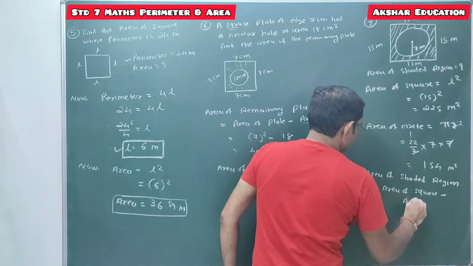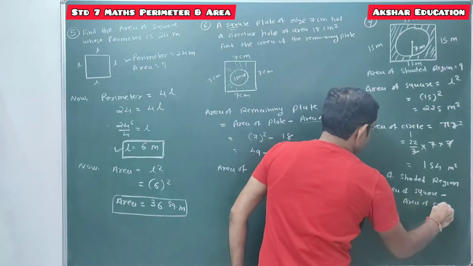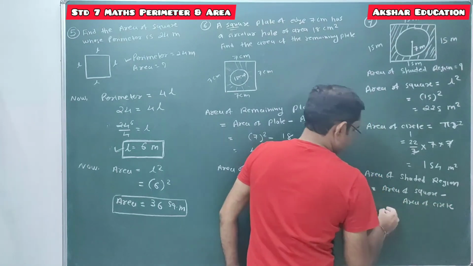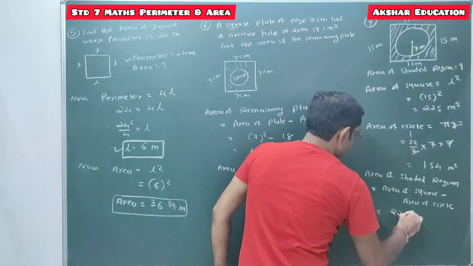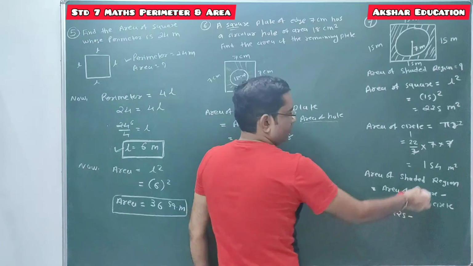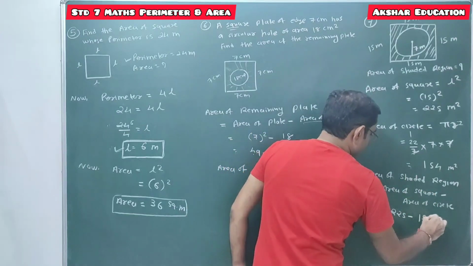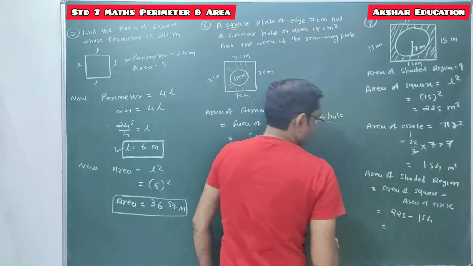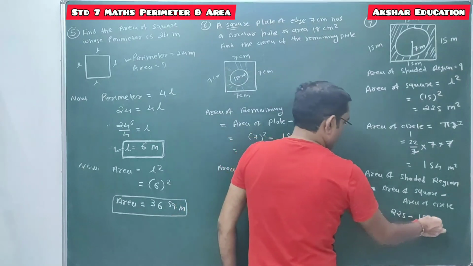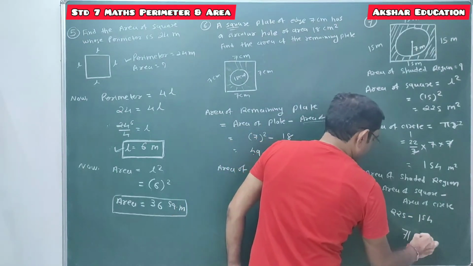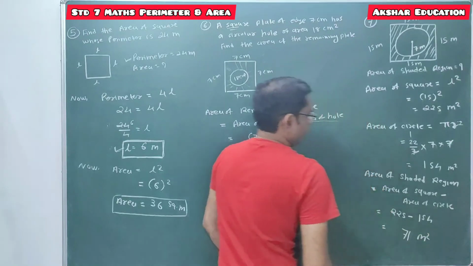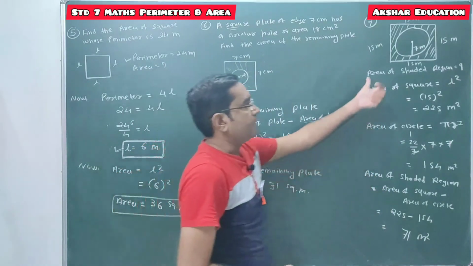What is area of square? Area of square is 225 minus area of circle is 154. So 225 minus 154 is 71 meter square. This is the area of this shaded region.